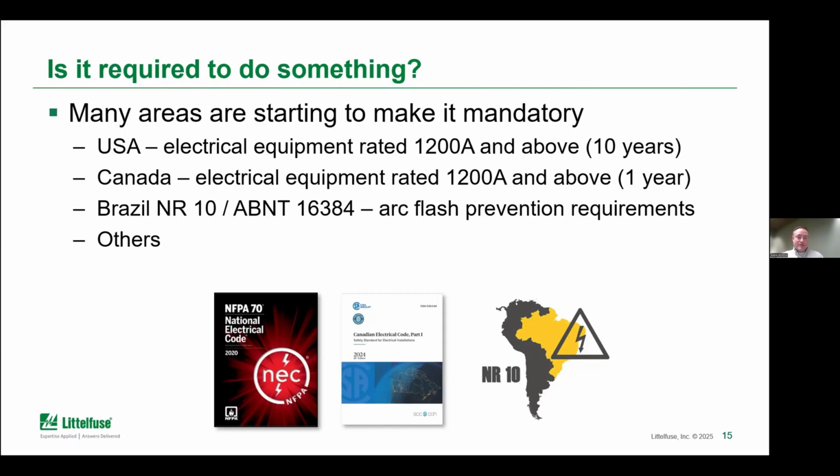Brazil has put together a standard that is aiming towards making arc prevention requirements as well. And there's other countries beginning to move on that. As far as I'm aware, I'm not sure that that's mandatory in the Australian wiring rules, but this is the way a lot of the electrical industry is pointing.